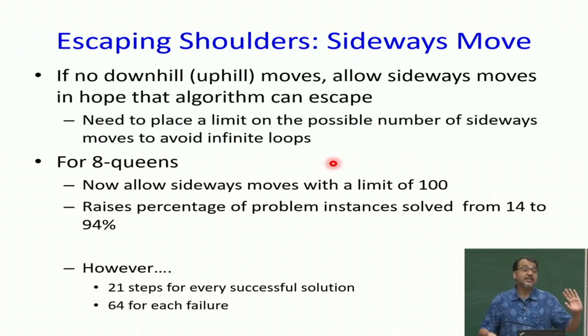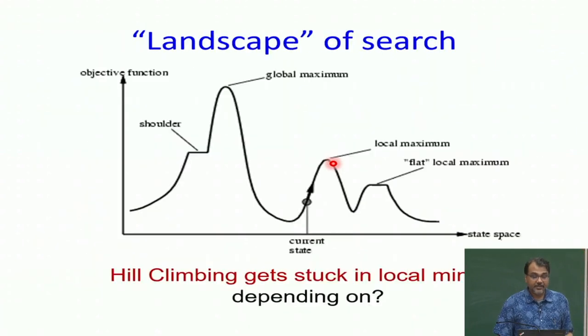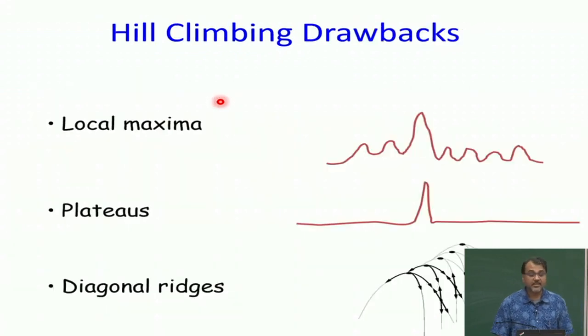The hope is that it's only a local plateau. I will keep moving sideways, and at some point I will hit a point from where I can start moving up again. The hope is that I will be on the left side of this figure, I keep moving, I reach this shoulder, I keep going on the shoulder, and at some point I reach this corner point where I can start moving up again. This is called a sideways move.